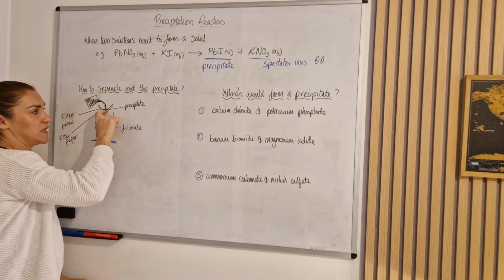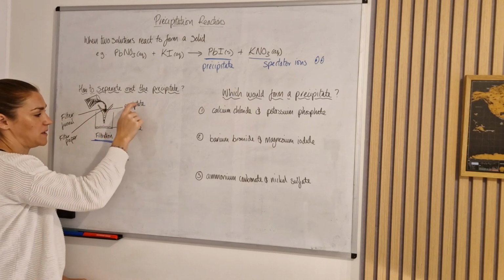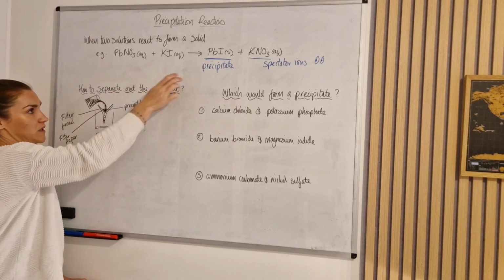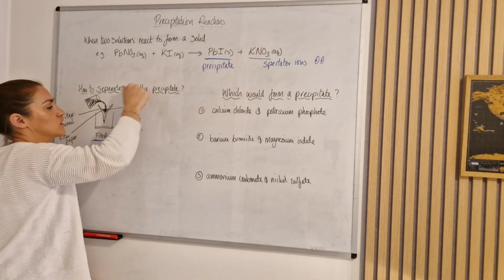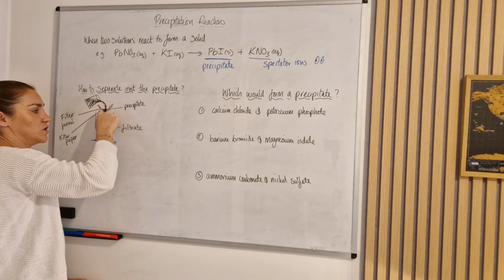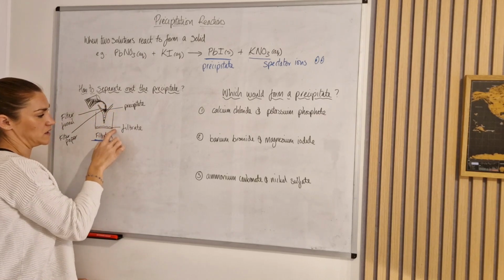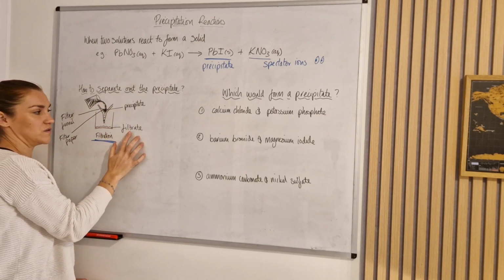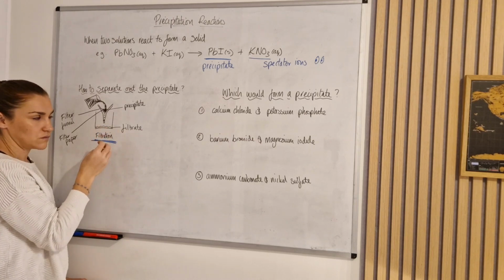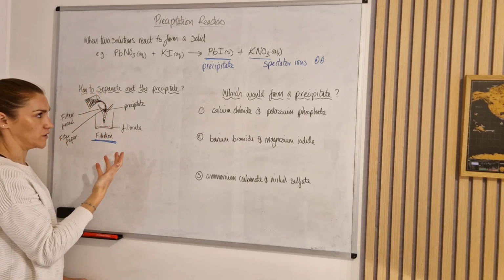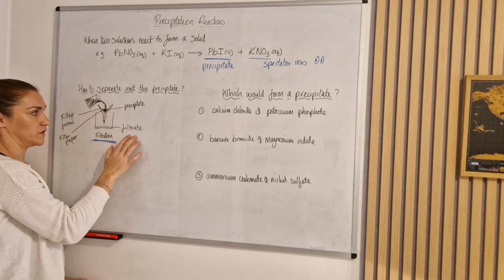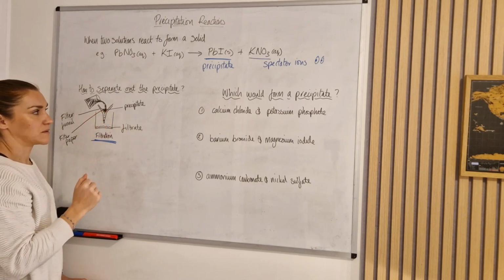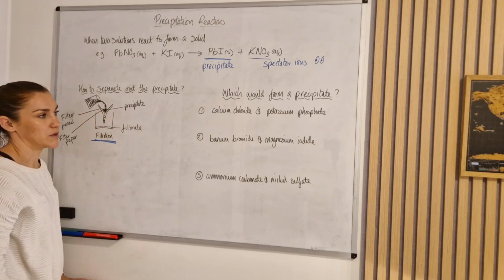Your precipitate gets gathered in the filter paper, and then the liquid, so whatever the potassium nitrate solution is, would then drip down and be collected into your beaker. That's then known as the filtrate. So the solution that comes off the filtered mixture is known as the filtrate. The solid that you end up collecting is what we would call the precipitate.